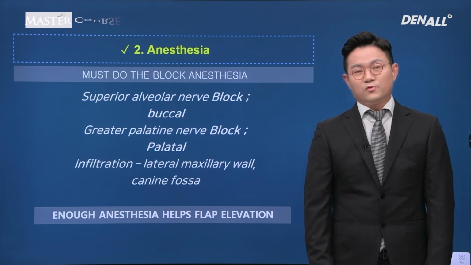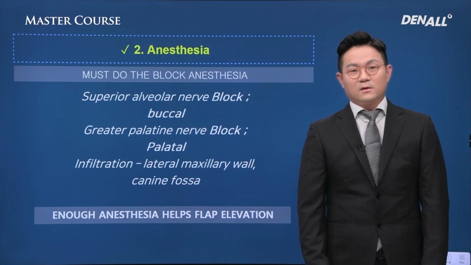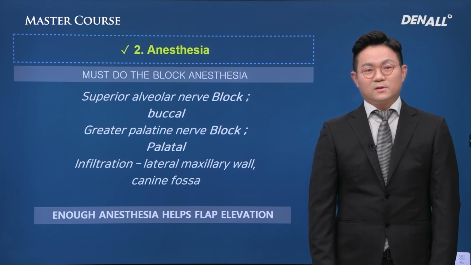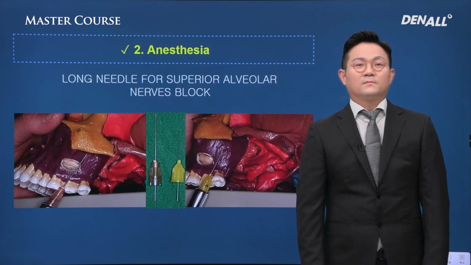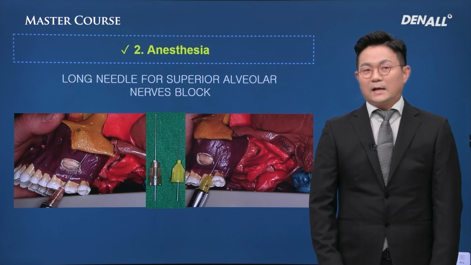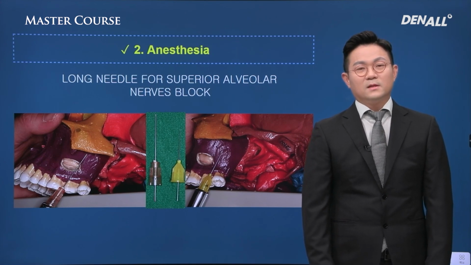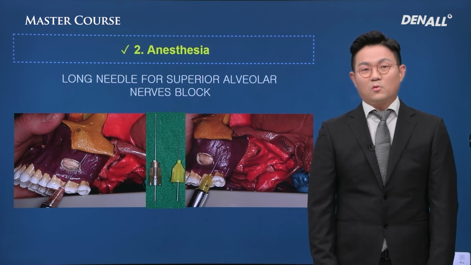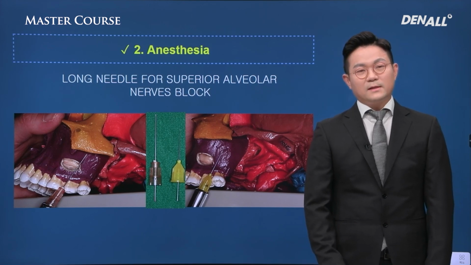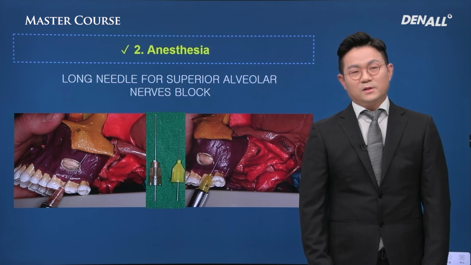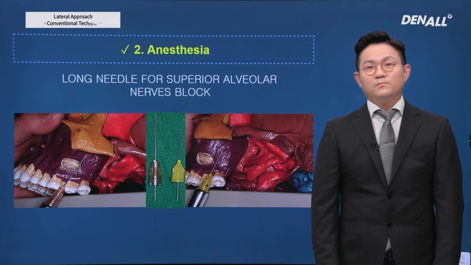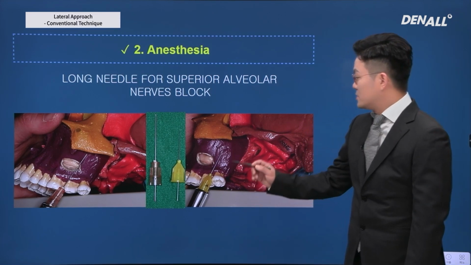When you do incision and flap elevation, you have to consider which side you are going to do them. One thing I also want to emphasize is that you cannot use short needles. When you do anesthesia, be it upper or lower, especially on the upper side, a short needle can get stuck on the zygoma side.